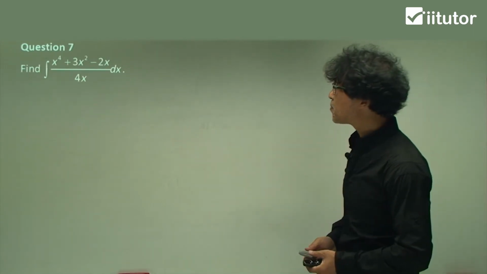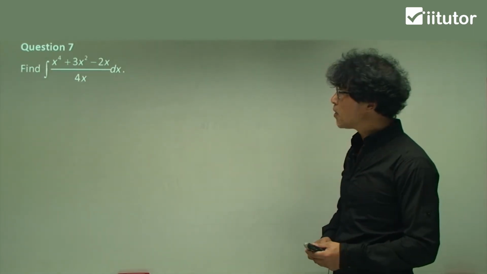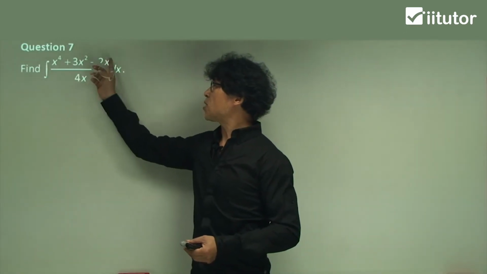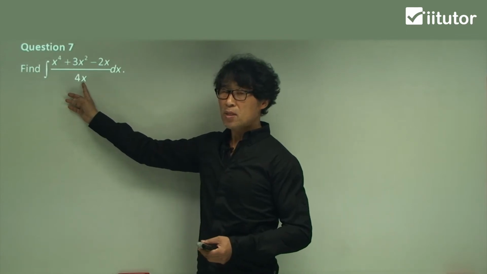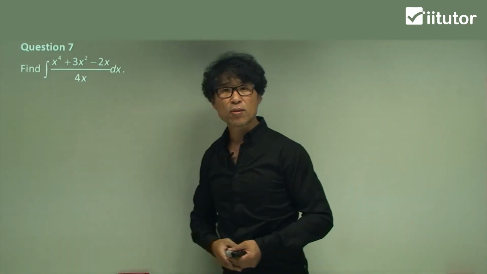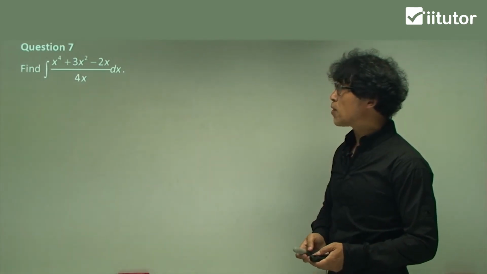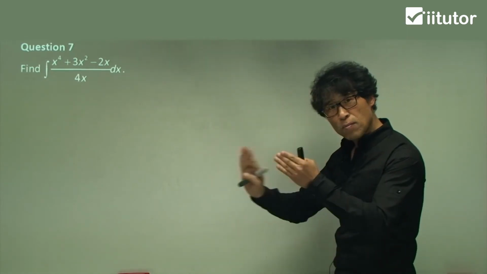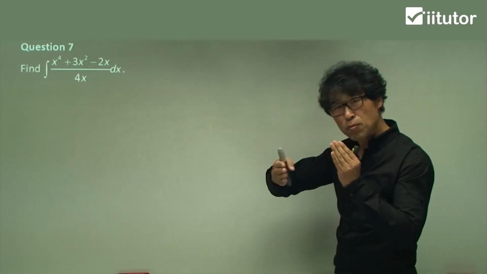Don't worry about it. For this one, a few people made a mistake in the past. They integrated the numerator and denominator separately, which is completely incorrect. You can't actually do that. In doing this one, I'd like you to separate it into three small pieces.